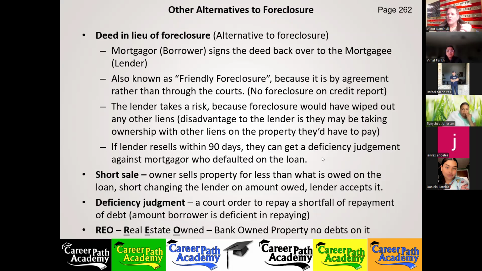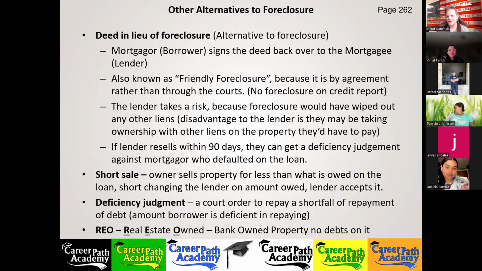I told them, contact your lender and ask them, if you do sign the deed back over to them, will they give you a satisfaction of lien? Will they sign a satisfaction of lien and add it to the public records so that they're not going to chase after you for any deficiencies? I already knew the answer to the question. It's no. The lender will not do that.